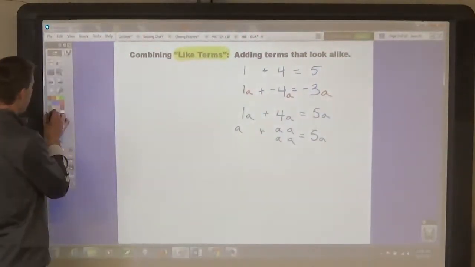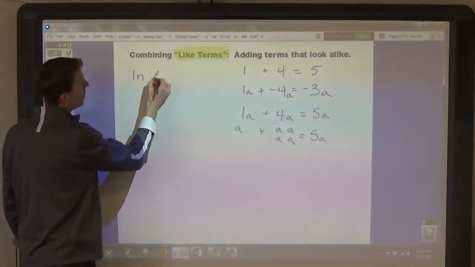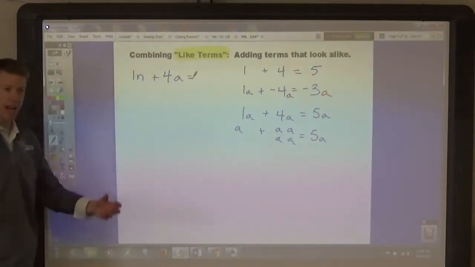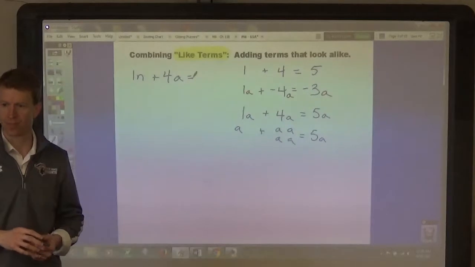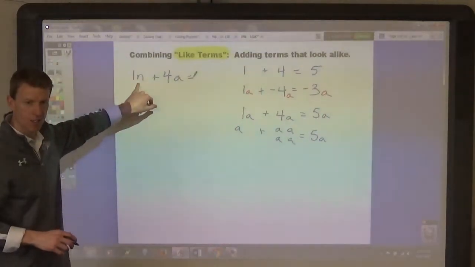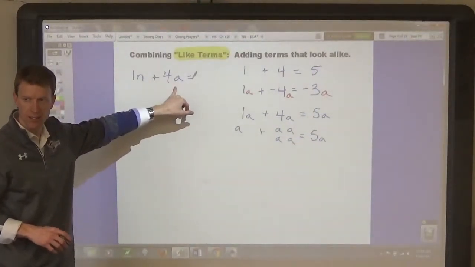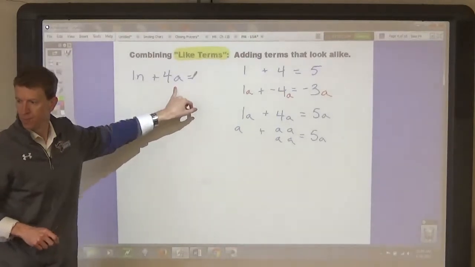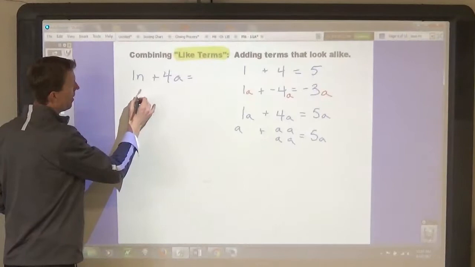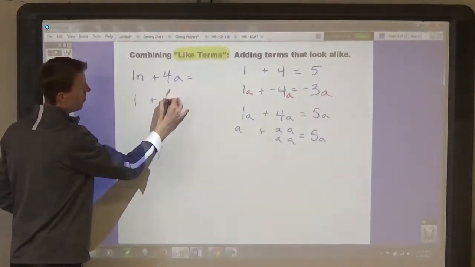Now, if we have 1n plus 4 a's, can you add those together? No, they're not alike. This is 1n, so that stands for a different object or a different number than the 4 a's. So we can't combine those. We can't combine a number and a variable term.